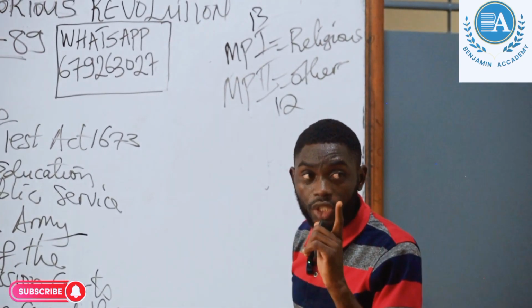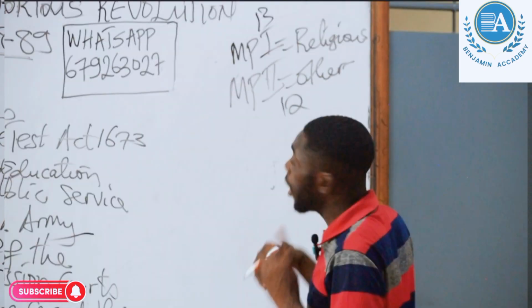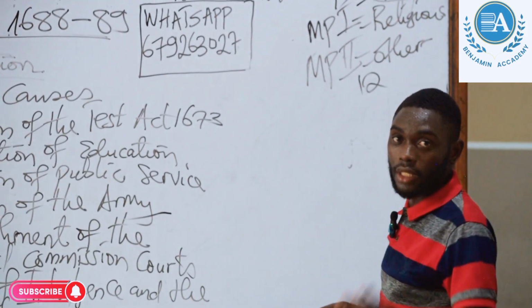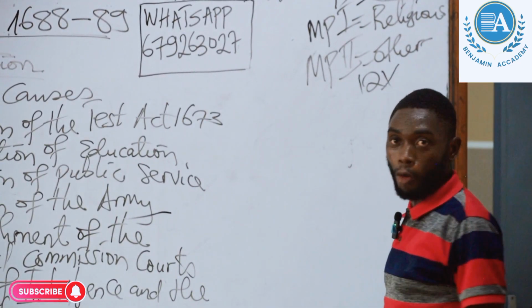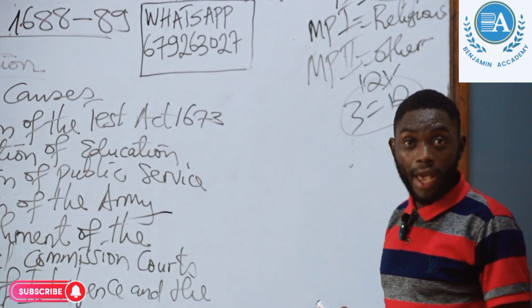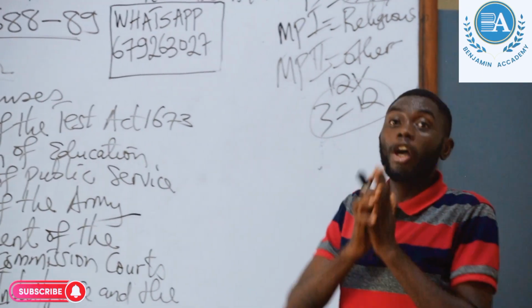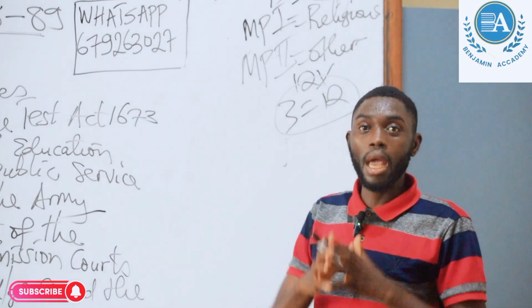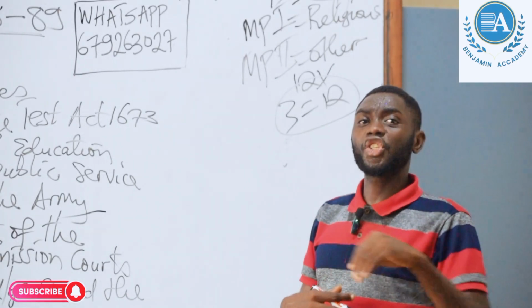In advanced level history, a point carries 3 marks. So if you are explaining 4 points, times 3 marks, that gives you 12 marks. And the second part, you explain again 4 points times 3 marks, which gives you 12 marks. And don't forget that you always have your conclusion, which is a summary of what you are writing in the body. You also have a transitional statement.